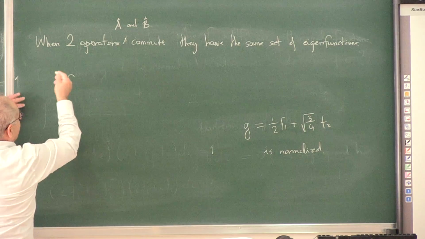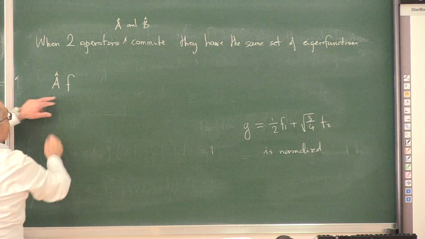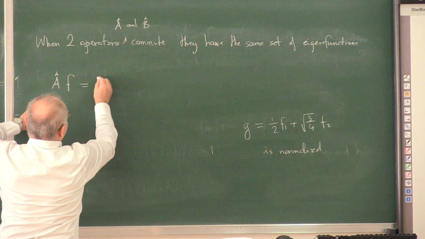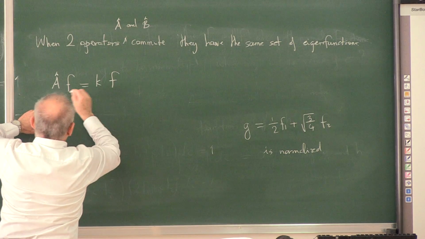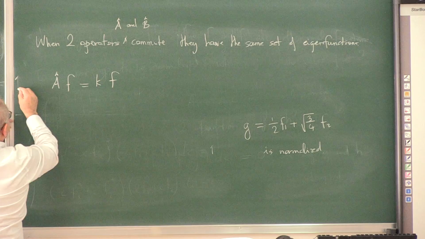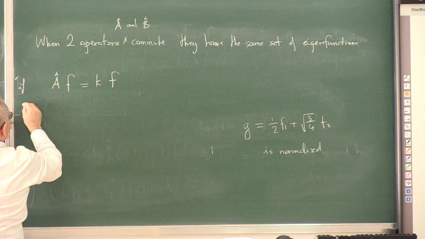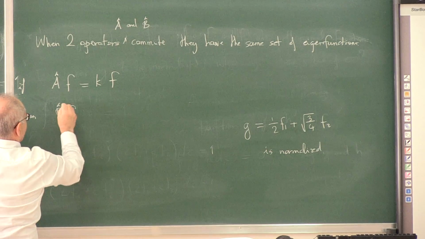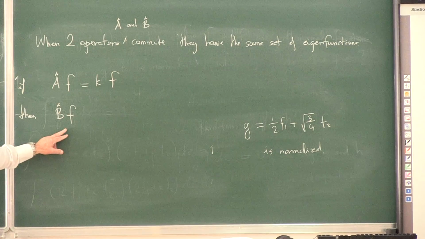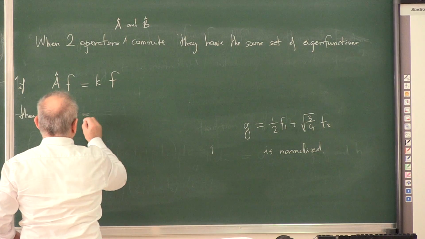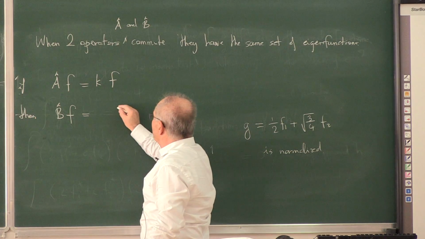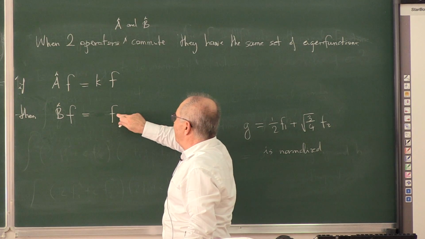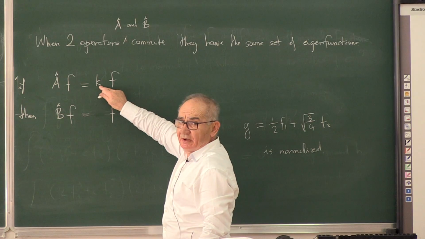and we are told that this f is an eigenfunction of A with the eigenvalue k. Then the same function f is also an eigenfunction of B, but the constant which multiplies f here, of course, could be different from the first constant.